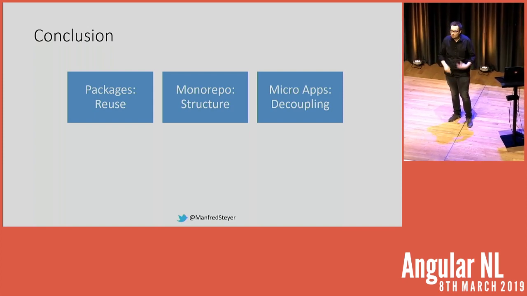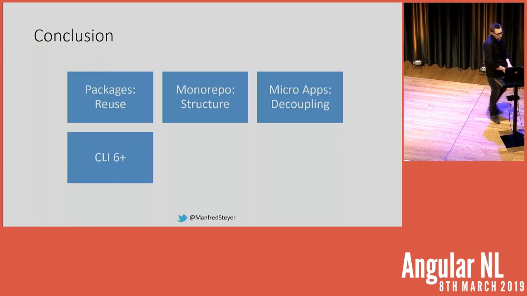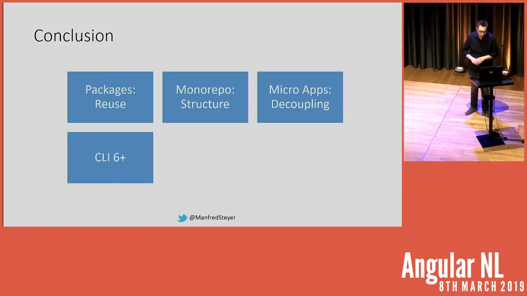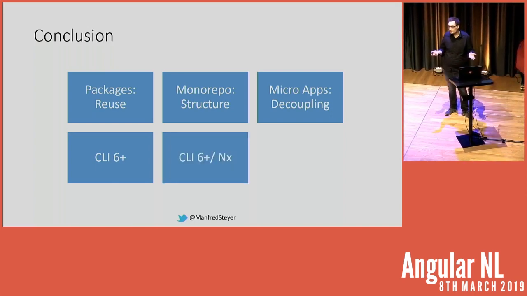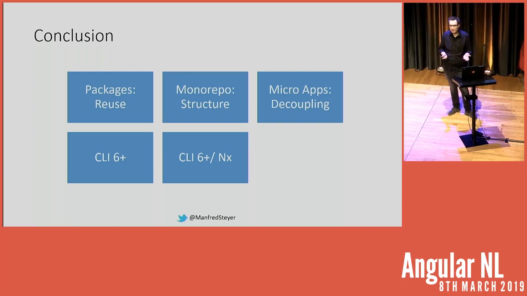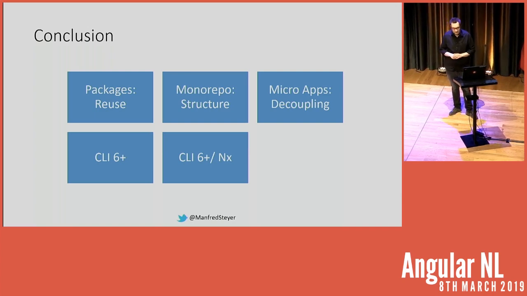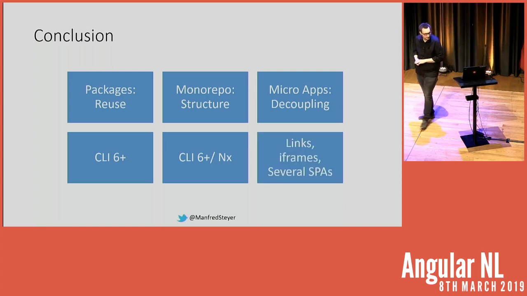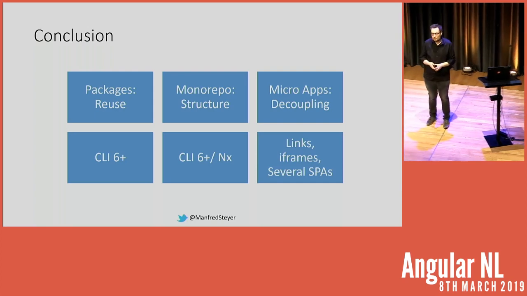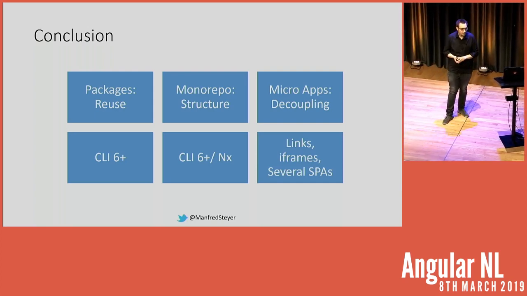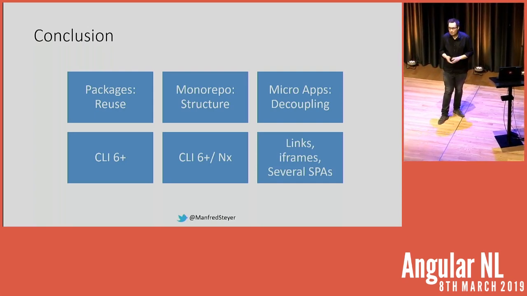We can end up with several autarkic teams. For providing packages, you can go with the CLI. For using the monorepo style, you can also use CLI6 or NX, the sugar on top of the Angular CLI. And for using micro apps, you have several possibilities. You could go with hyperlinks, you could go with iframes, you could bootstrap several single-page applications.